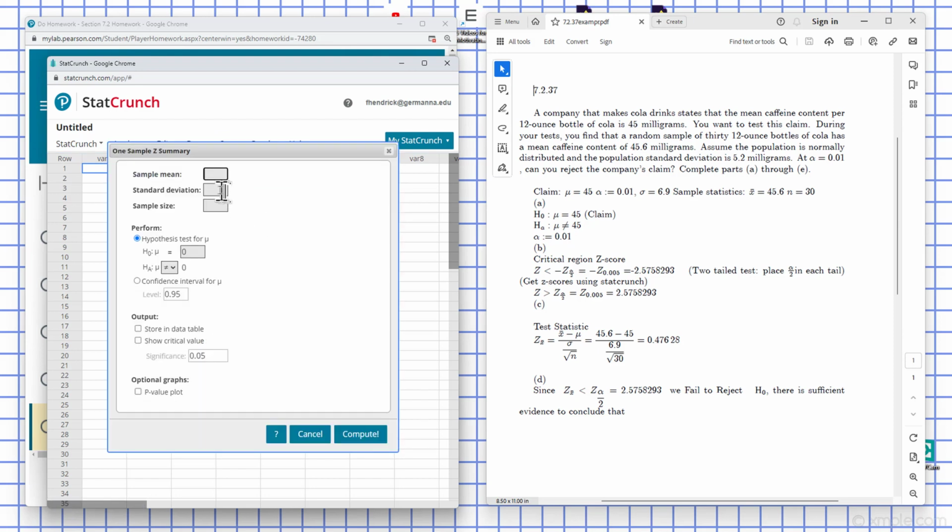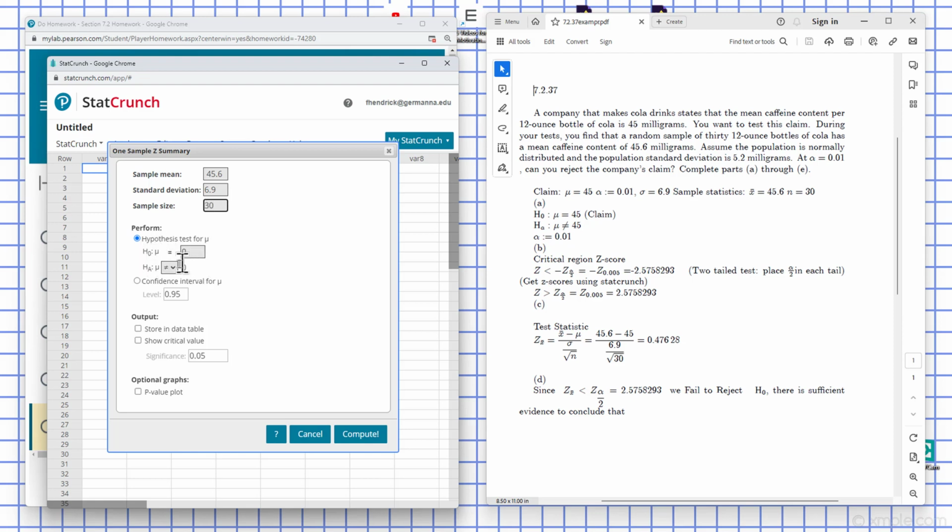I put in my sample mean, standard deviation is 6.9, sample size is 30.